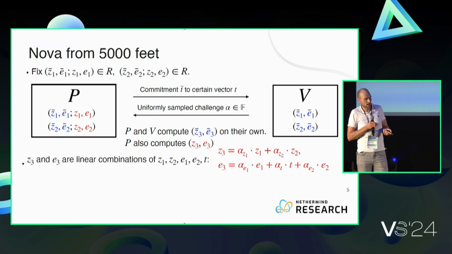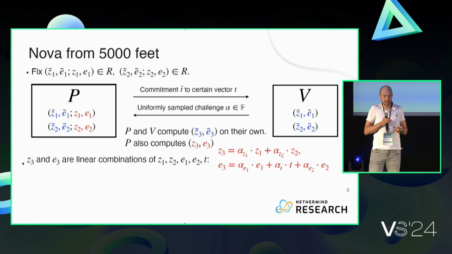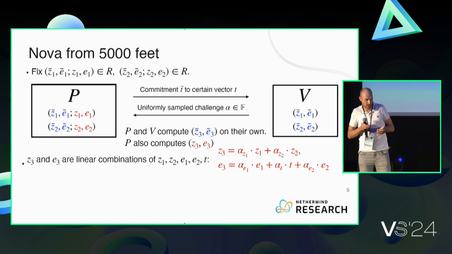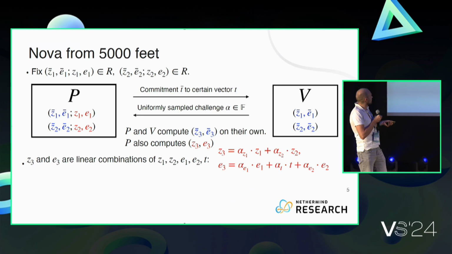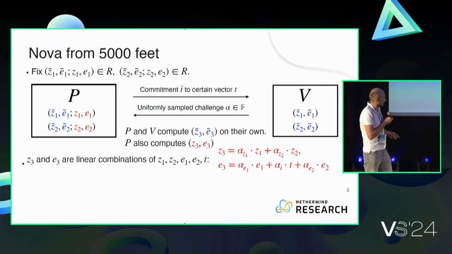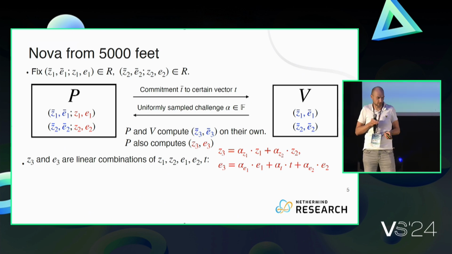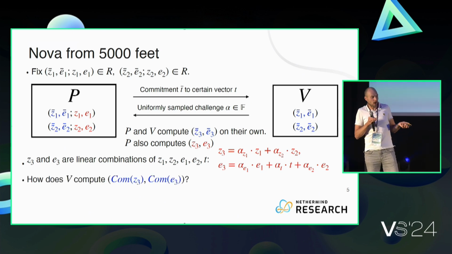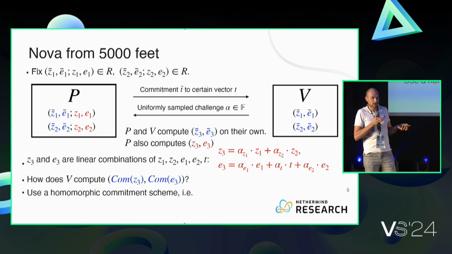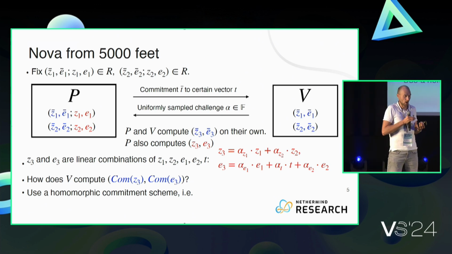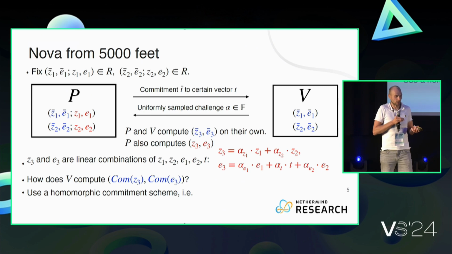They can compute Z3 bar and E3 bar because Z3 and E3 are linear combinations of Z1, Z2, E1, E2, and T. Here alpha Z1, alpha Z2 are values derived from alpha, and they are publicly known because the alpha that V sent is known. To compute the commitments to Z3 and E3, we use the homomorphic property of the commitment scheme.